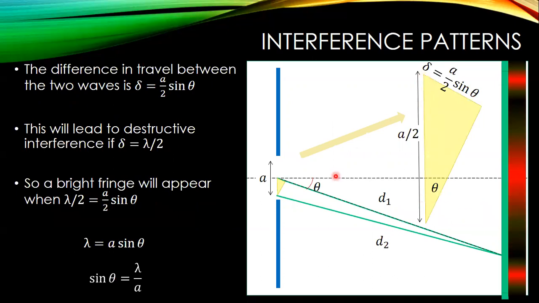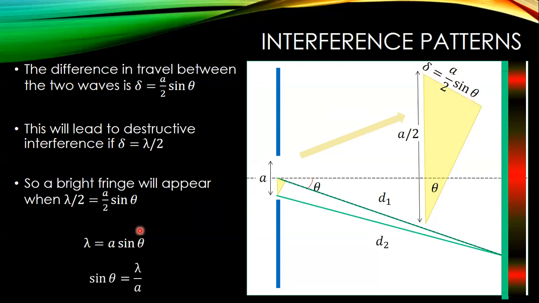Now, again, looking at the path length difference between the two. Basically, if we take a over 2 as half the width of the slit, we take theta as being the angle on this right triangle, but also the angle with respect to the normal to the slit. The path difference is the opposite side on this right triangle, which is a over 2, the length of the hypotenuse, times the sine of theta.